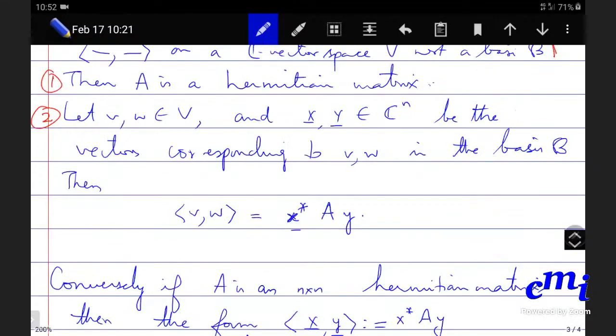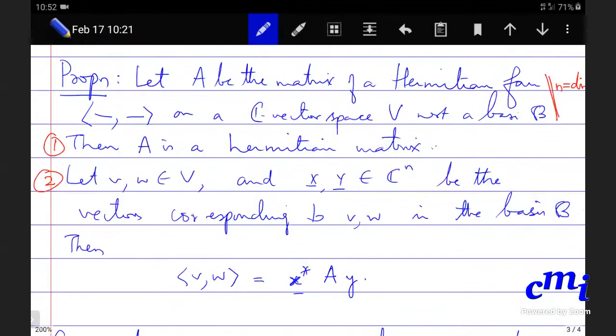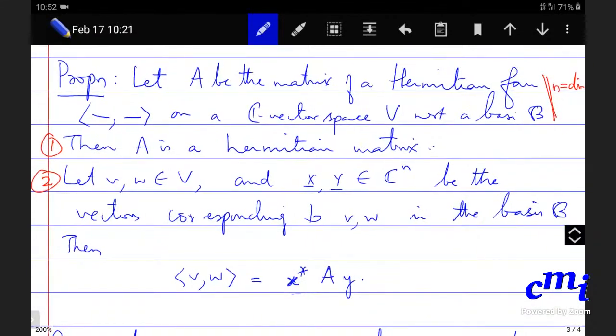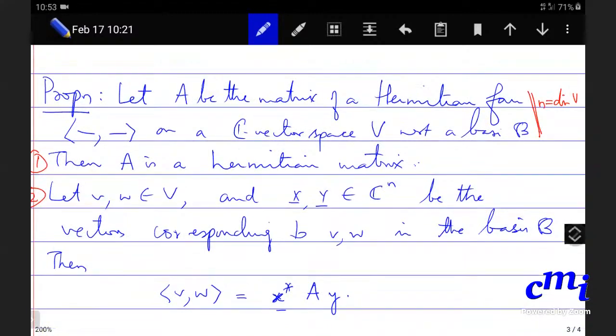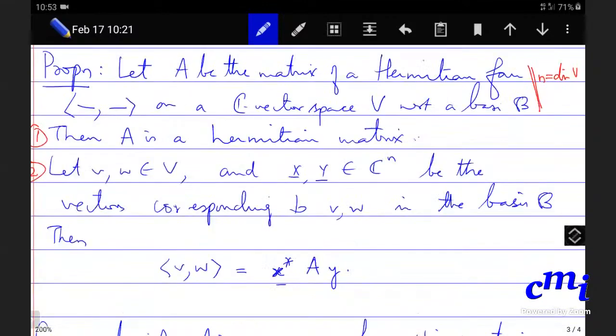It is entirely analogous to the proof for the real symmetric case, but I will still sketch it so that we are okay with the proof. Let us parse the statement before we try to prove it. In the first half, we are given a Hermitian form on some n-dimensional complex vector space V. As earlier, we have defined the matrix A with respect to this given basis. First claim, A is a Hermitian matrix.